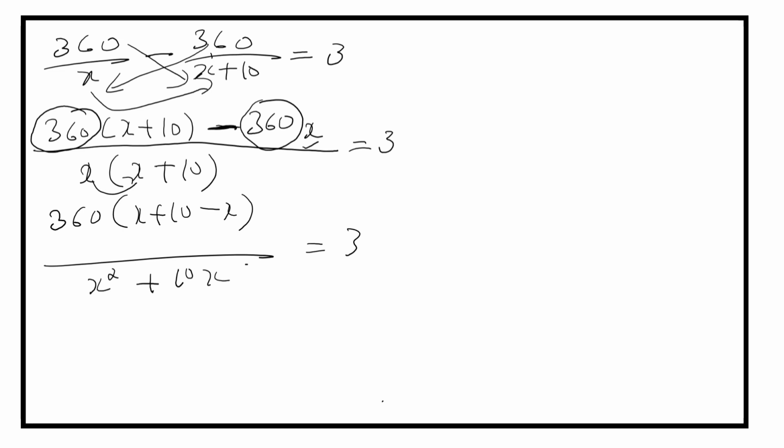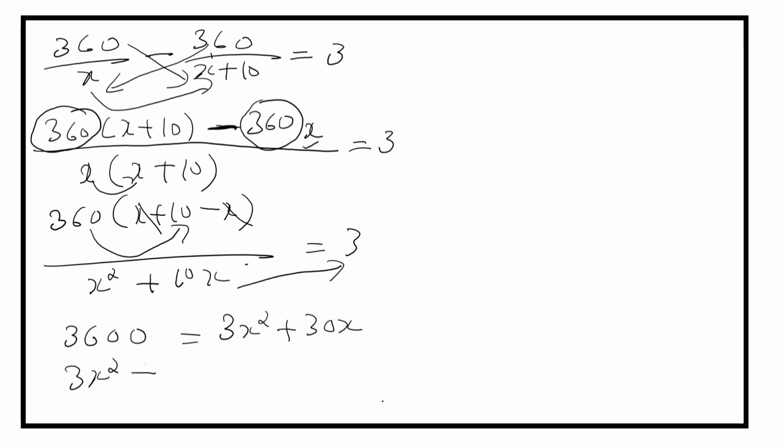Now, here x and x can get cancelled. So, you can multiply these two. What is it? Put those zeros after 36. That's all. 360 into 10, 3600. And multiply these two. What happens? 3x square plus 30x. Now write in standard form: 3x square plus 30x minus 3600 is equal to 0.